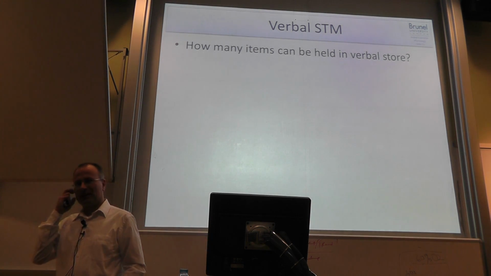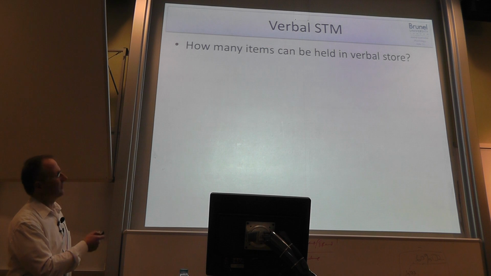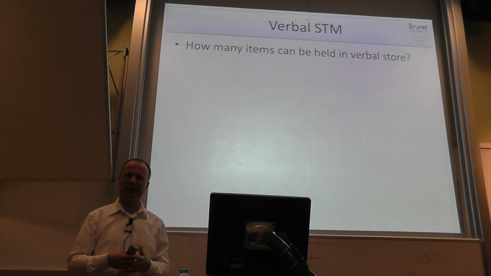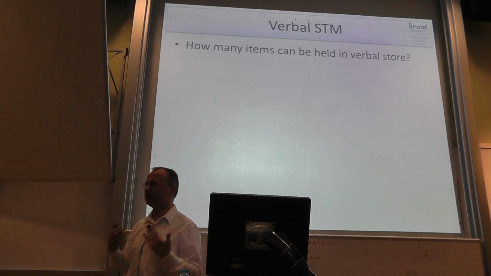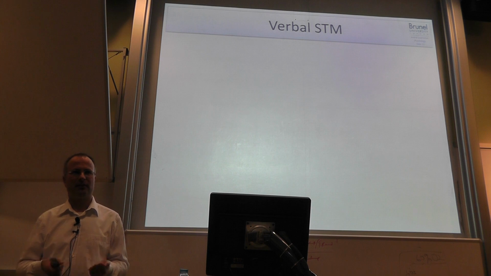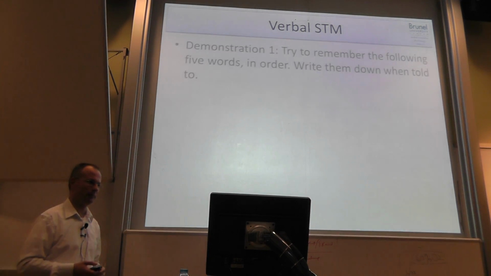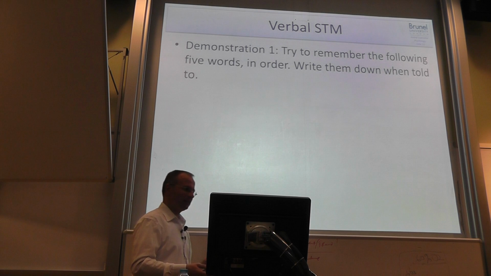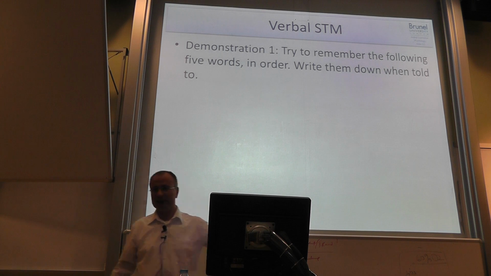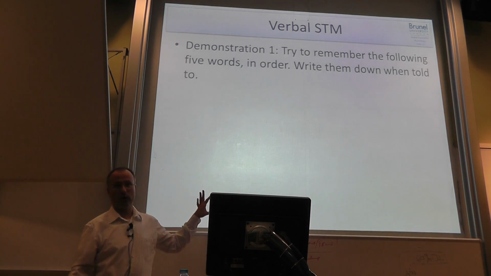Okay, so we already discussed that before, but now we come from a different area. We just said, okay, we have phonological information. Does that maybe affect the number of items we can store? So let's have another demonstration, another little test. Again, you will see 5 words.